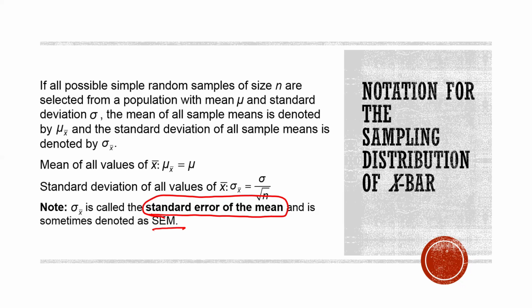But I want you to know that's what it's called in case you look something up and it uses this term and you wonder what that is. It's basically saying this is your new standard deviation, the standard deviation of your sampling distribution.